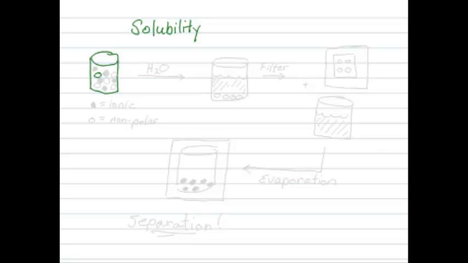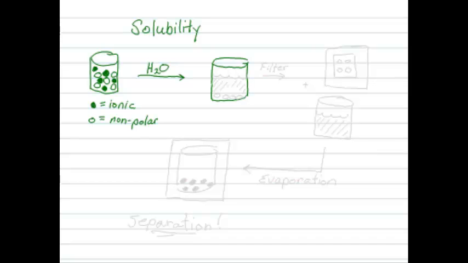So let's say we have a flask that contains a mixture of two chemicals, as indicated by the light circles and the dark circles. And let's say that the chemicals represented by the dark circles are ionic in nature. That means highly polar and very water soluble. And let's say that the light colored circles represent a nonpolar compound, which is not going to be soluble in water.